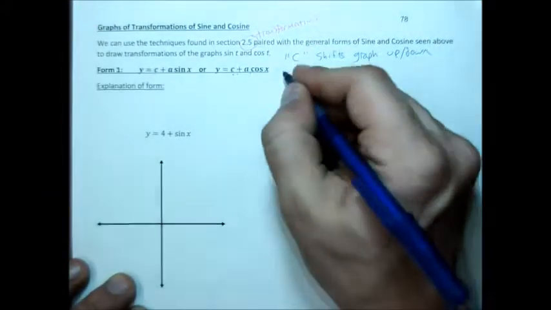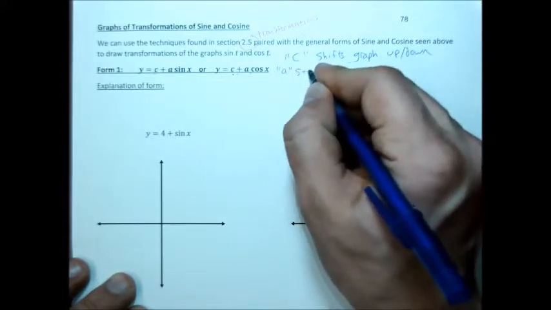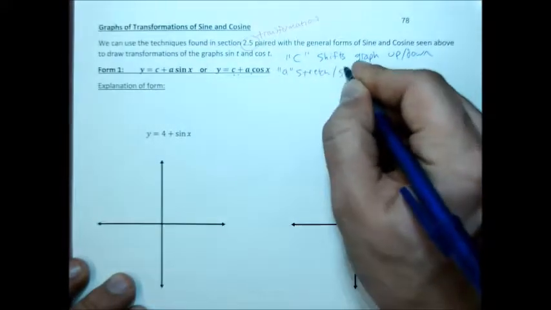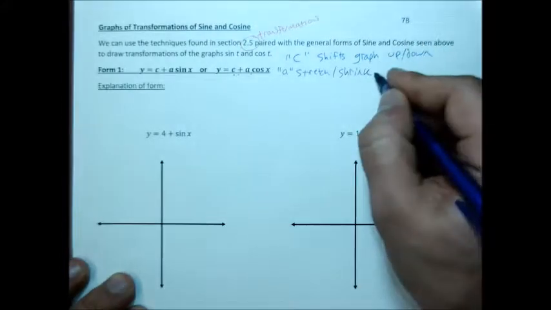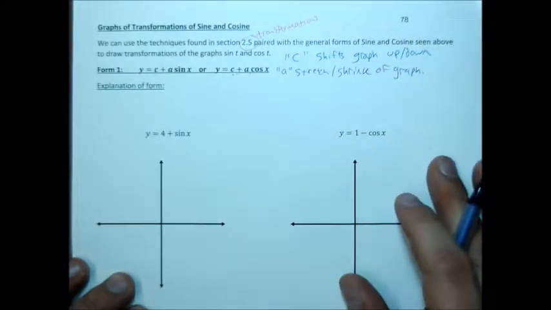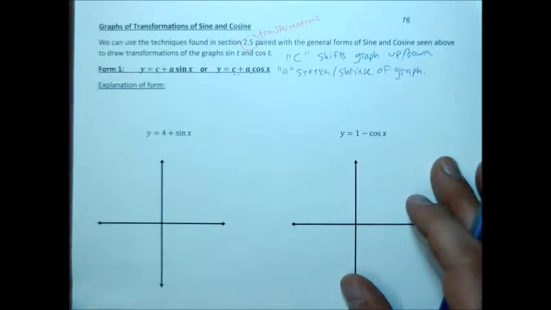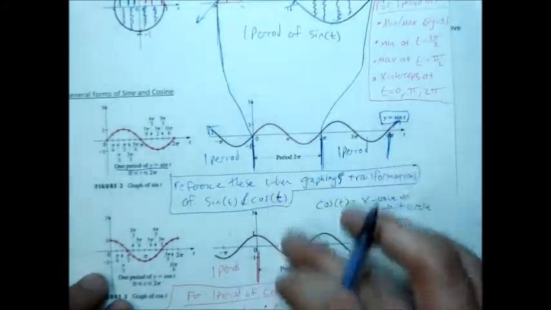So the c shifts it up and down. The a is a stretch or shrink of the graph. And so if we happen to stretch or shrink it, we're going to end up changing the max or min. Right, so think about taking one of these graphs of sine or cosine.